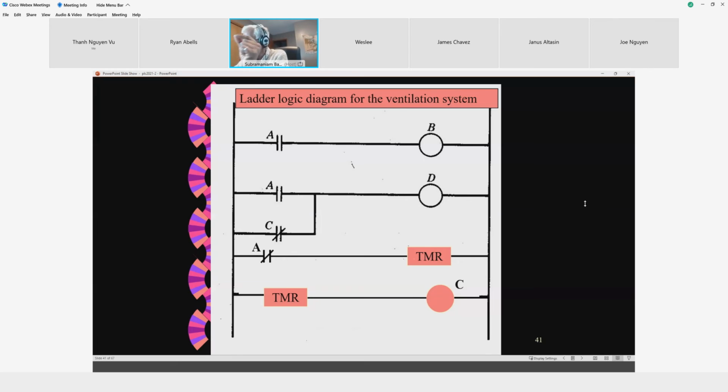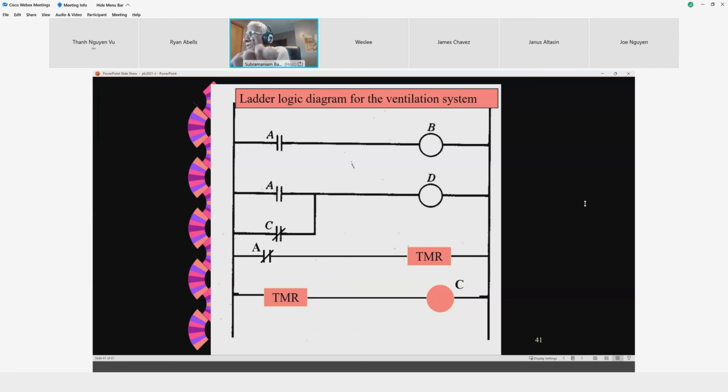So, when A is not true, which is the third line, the timer would not go anywhere. The output from the timer is 0. So, if the timer's output is 0, a variable C should be 0. Right? Yeah, when A is not true, timer is not even programmed. It's not counting.